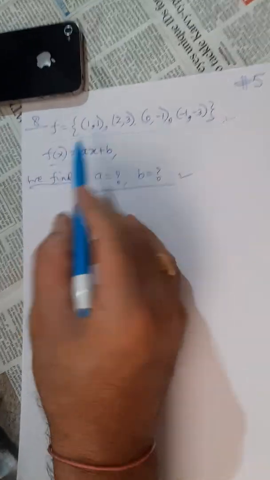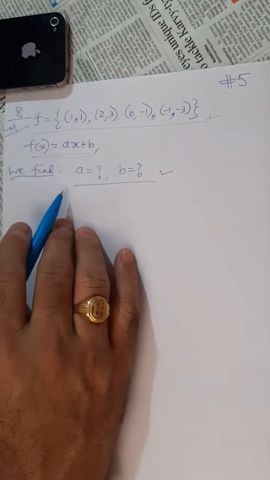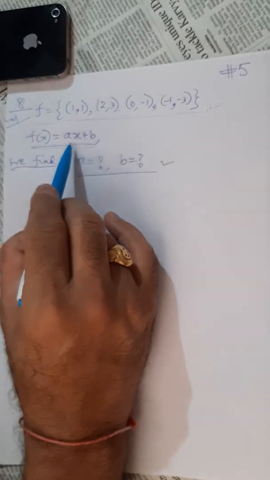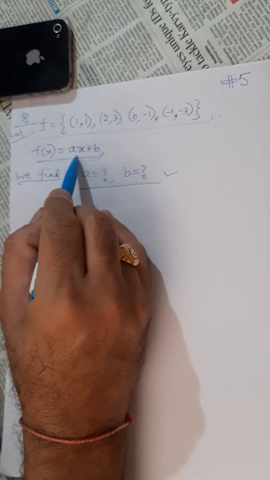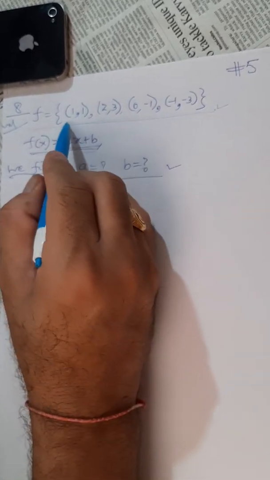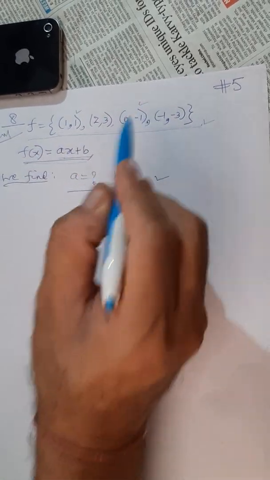It's a very simple question, but it's an important question. Now recall what's the meaning of this. This means f of 1 is 1. Now you need to get two unknowns. So I'll use two ordered pairs. Any two you can use. I'll use this and this because 0 is there.